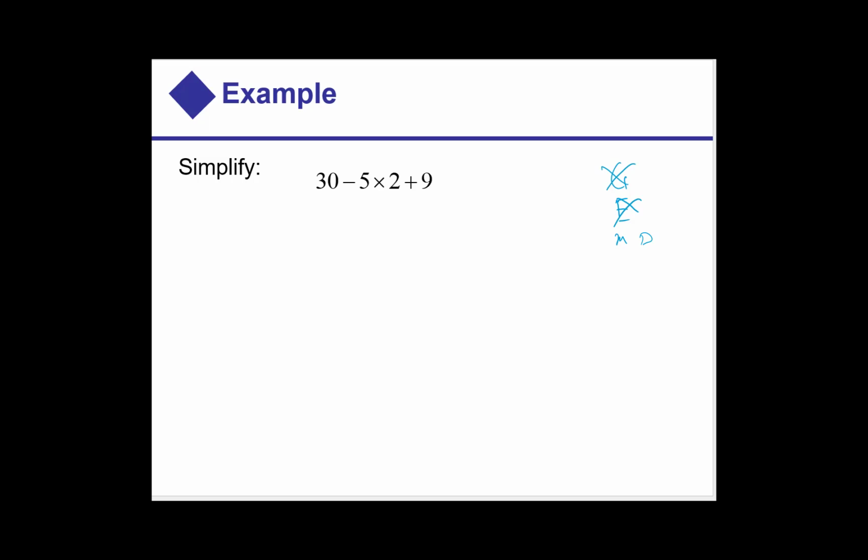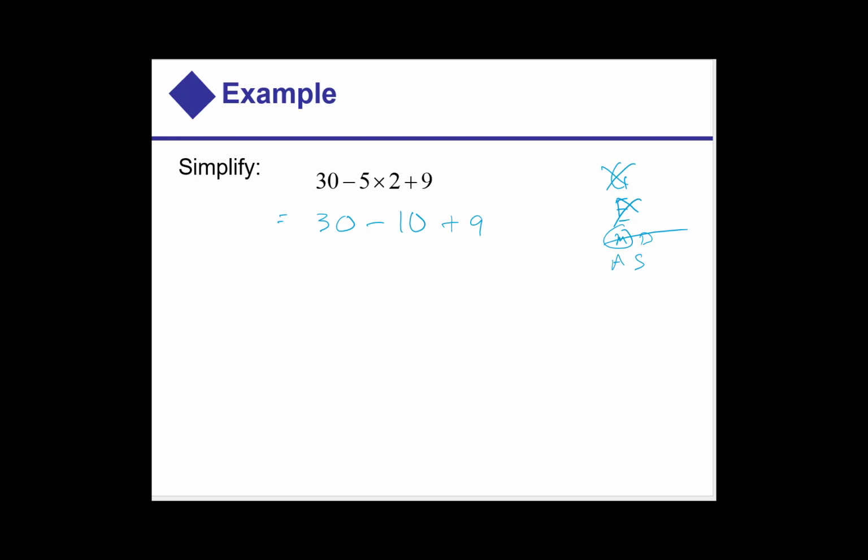There's a multiply. Okay, so I have to do the multiply. And then we look for adds and subtracts. But the multiply is before add and subtract. So we're going to go left to right, catch all the multiplies. So the subtraction has to wait. There's 5 times 2 is 10. And the adding has to wait. Done. Now we're going to go left to right and do adds and subtracts.